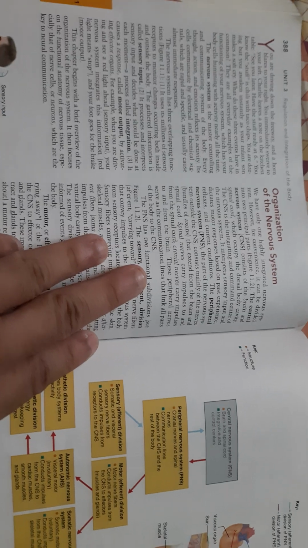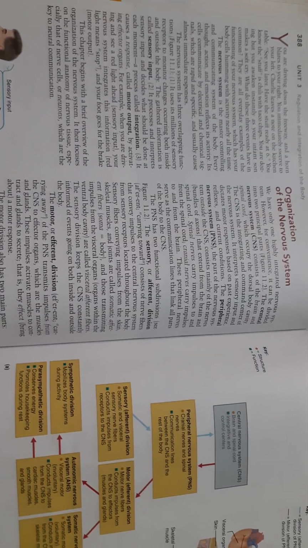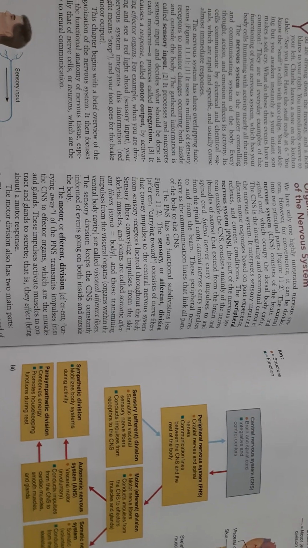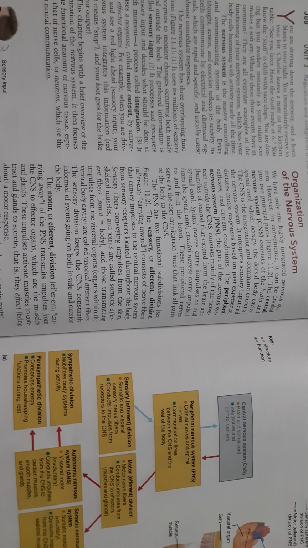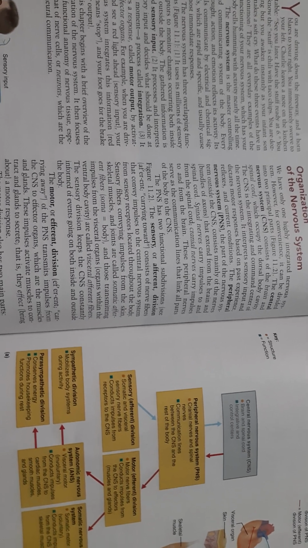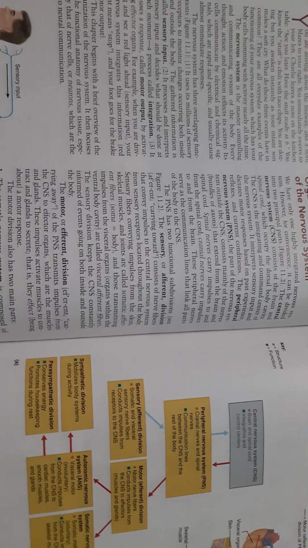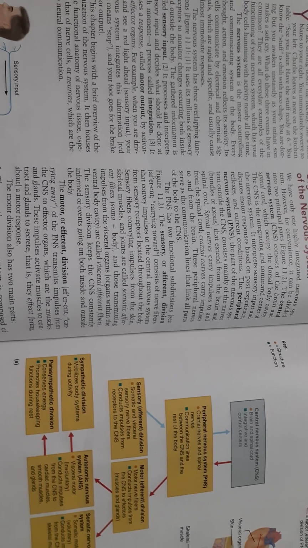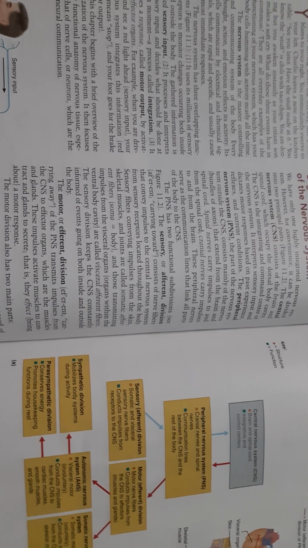First of all, what's the need of the nervous system? To be frank, we are multicellular organisms, so somehow the cells must communicate between themselves so that they can coordinate. For that reason there have to be certain mechanisms, and the nervous system is one of them.